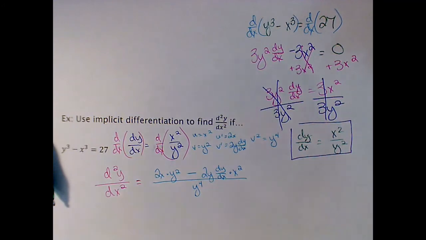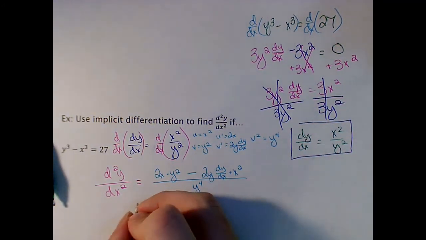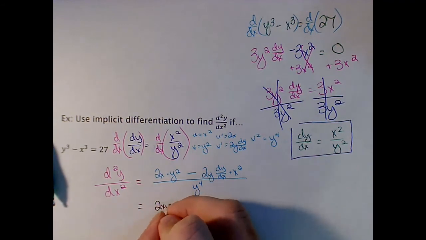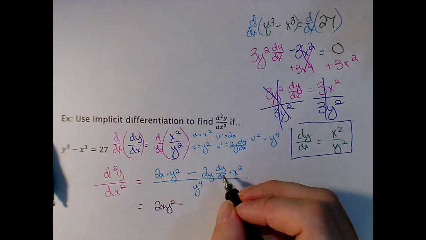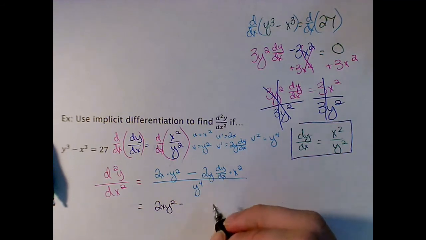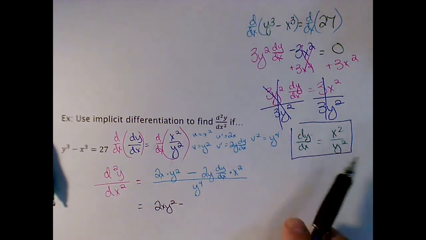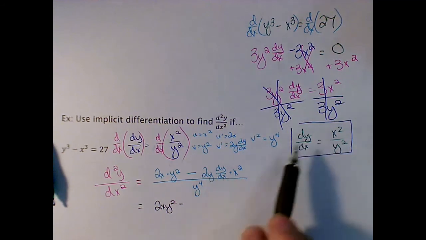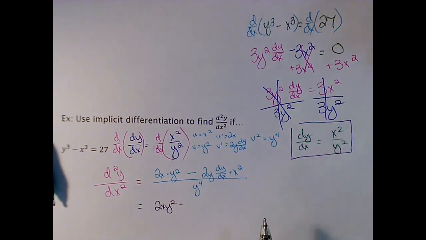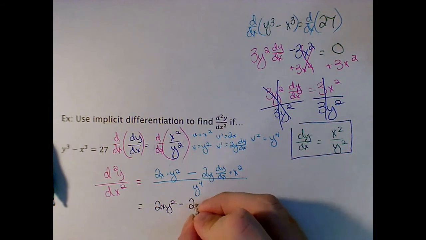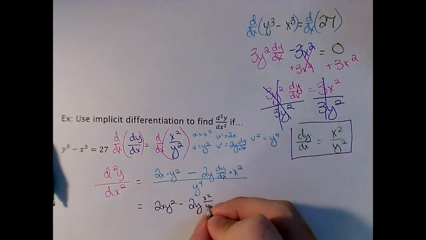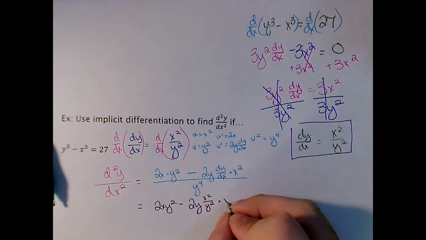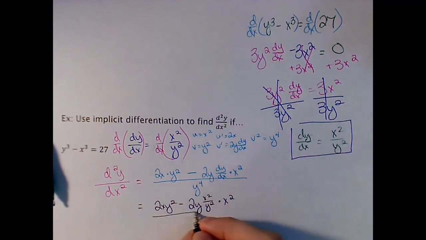A couple things before I tarry forward. That's 2xy squared, no big deal. Why do I have the derivative floating in there? That doesn't seem right. Oh, you know why? Because it's not right. I just found out that dy/dx is x squared over y squared. So I'm going to write out 2y times x squared over y squared, times x squared, over y to the fourth.